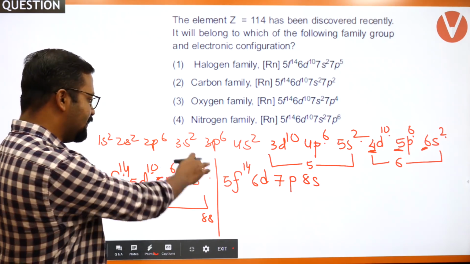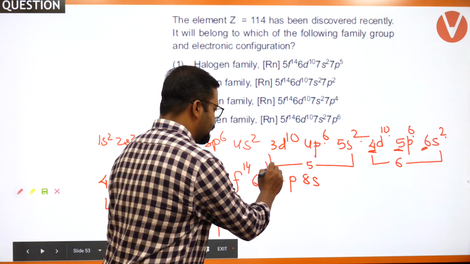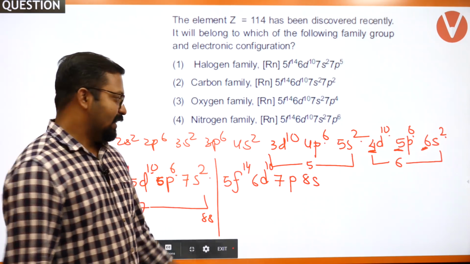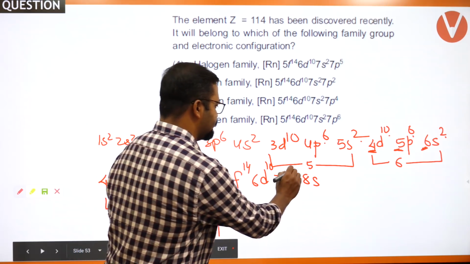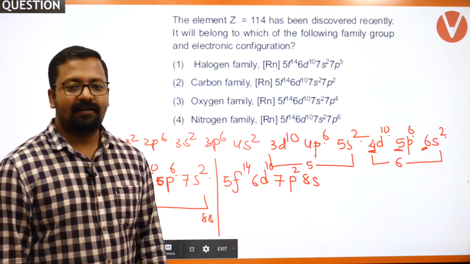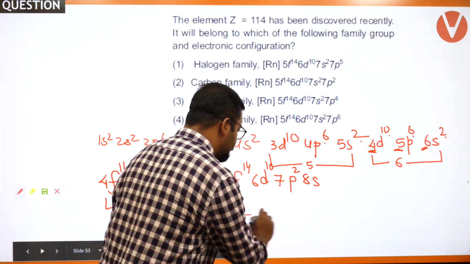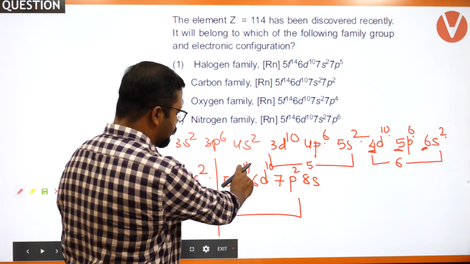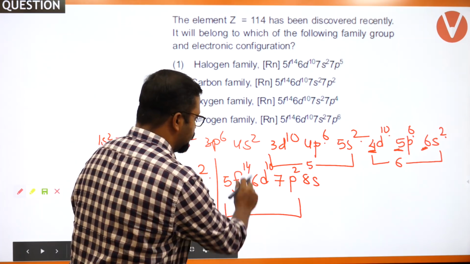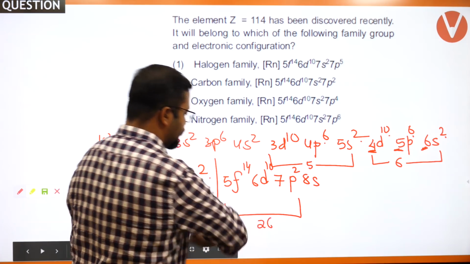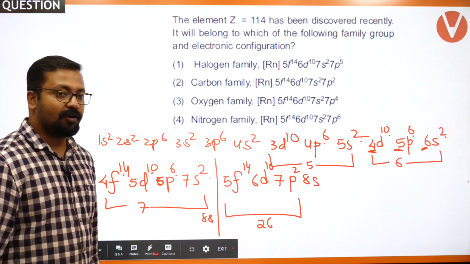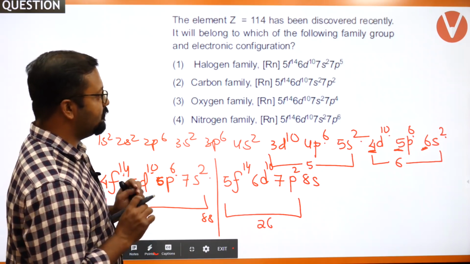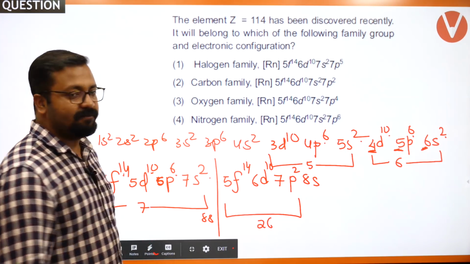Okay. 8, how much is it now? 112, 114, 88. So this turns out to be 14, 24, 26. Now the total number of electrons turns out to be 114. I take the valence shell.